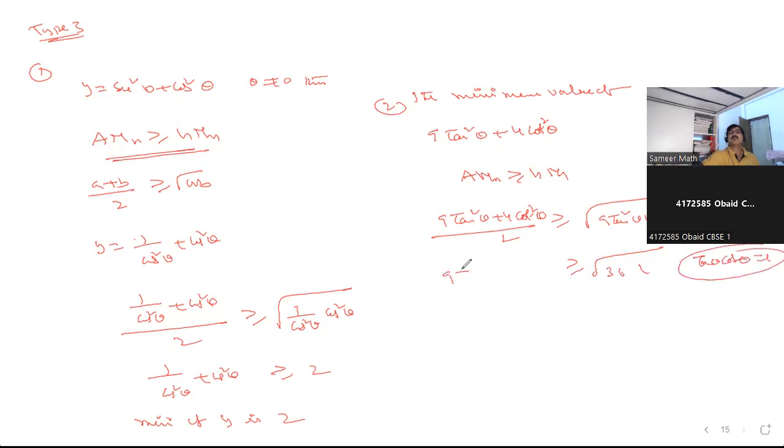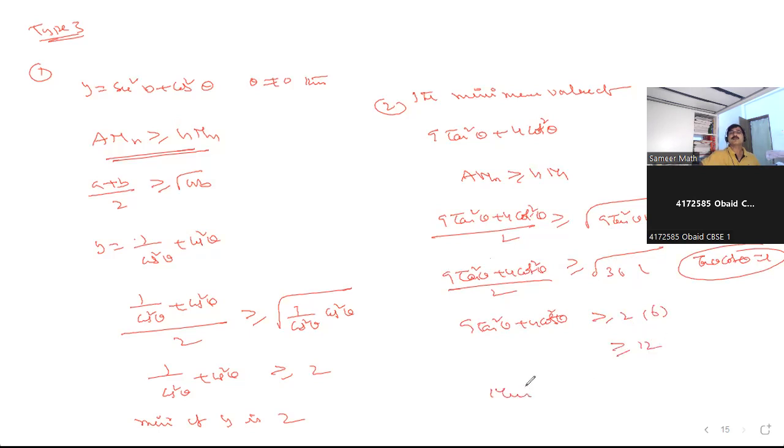So 9 tan square theta plus 4 cot square theta is greater than or equal to 2 times 6, so your answer is 12.